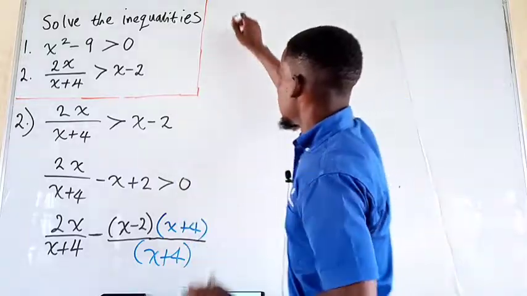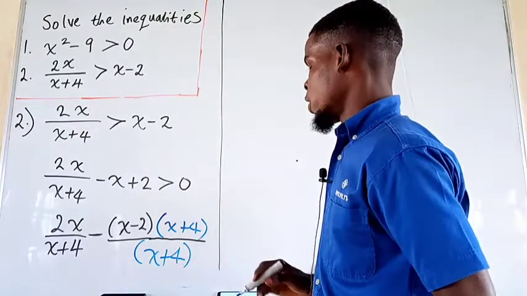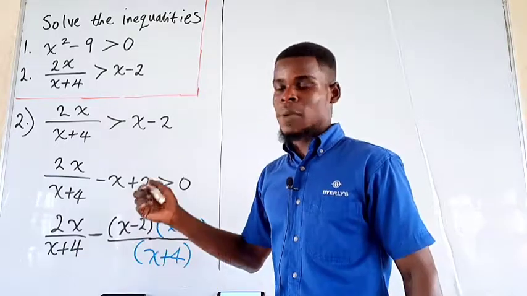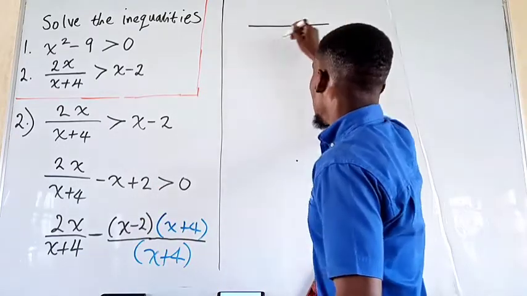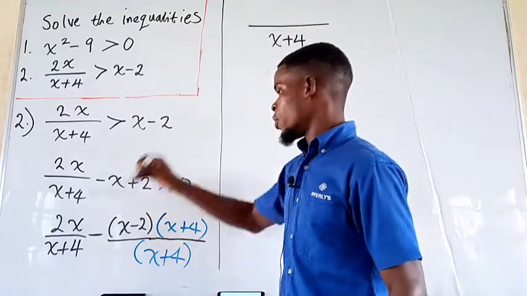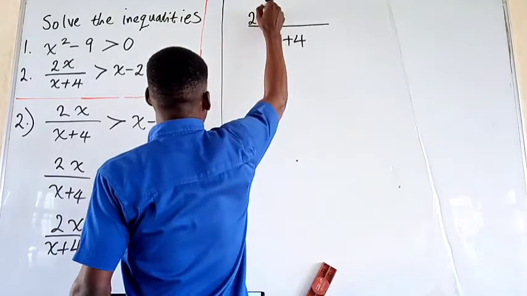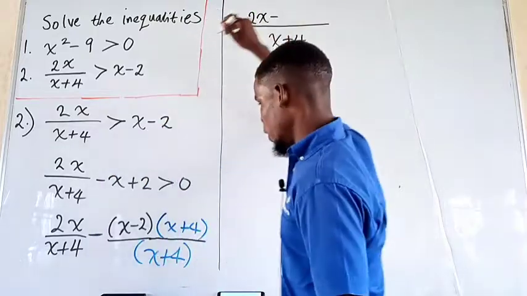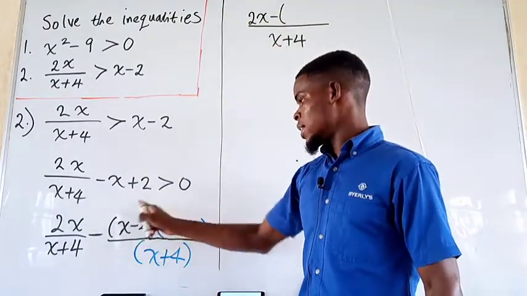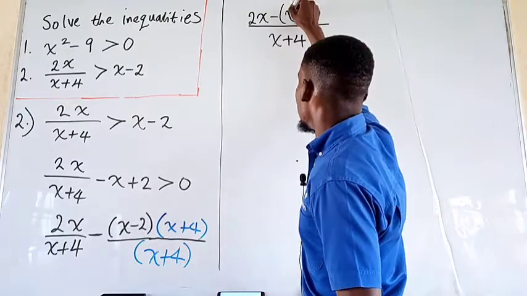The next thing I will do is follow this up over here. Since we have the same denominator, we can just pick it, and we have x plus 4. Then in the numerator, we have 2x, then minus, and here I would like to multiply this bracket first. We have x times x, that is x squared.